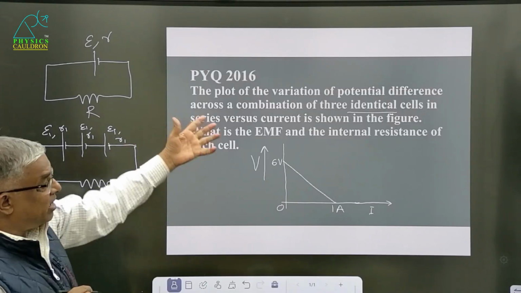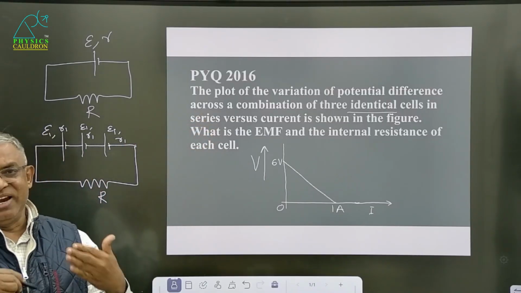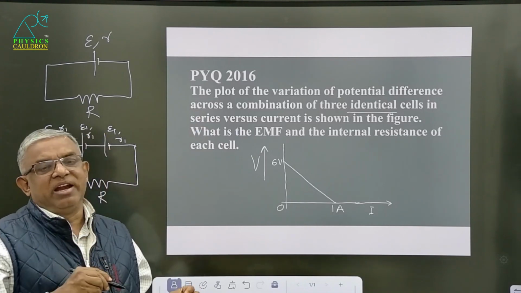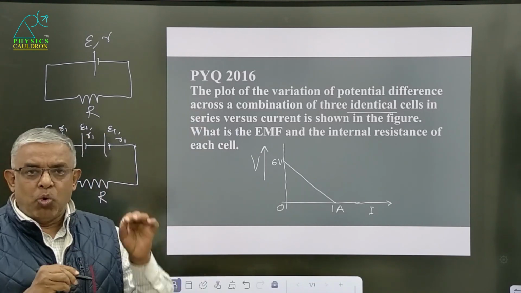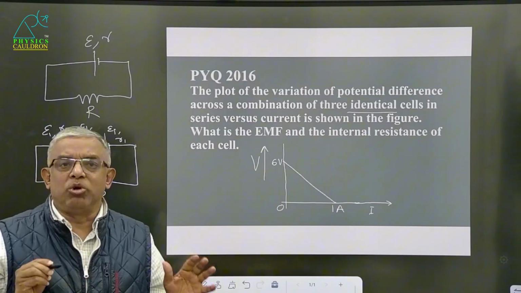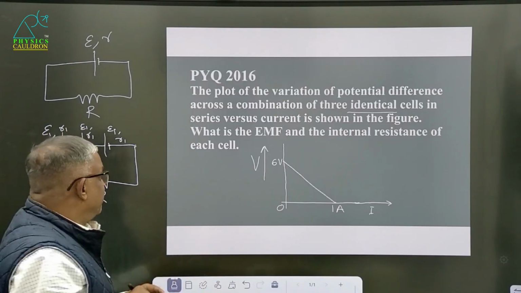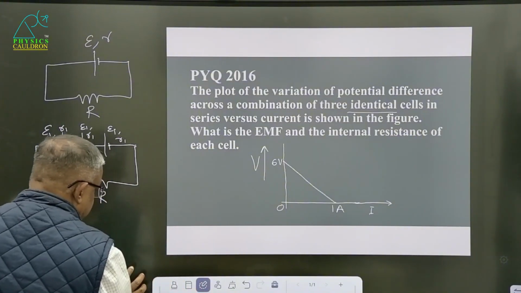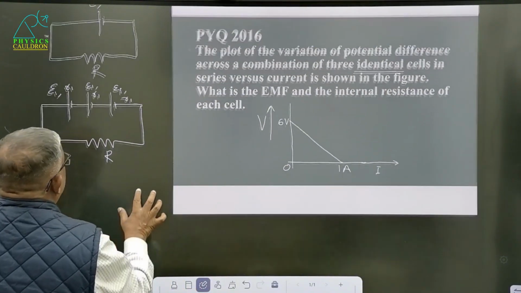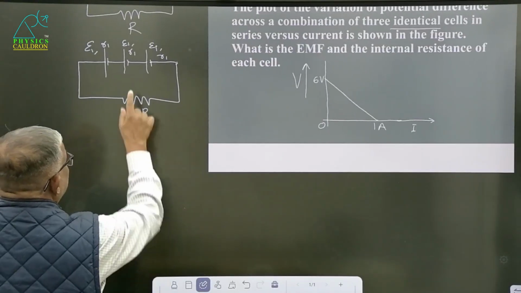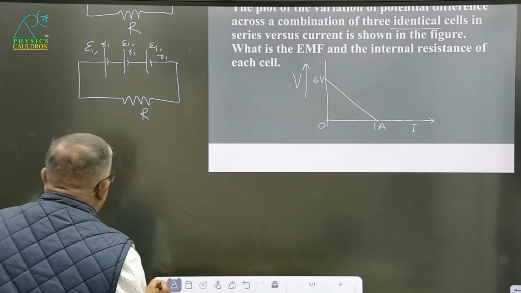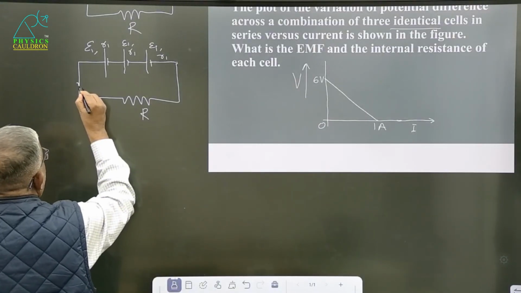Whenever you get a question, especially in electricity, you must first make the circuit diagram, because the circuit diagram holds the key to the solution. So the first thing you can notice, the three cells together are able to drive a current I1.